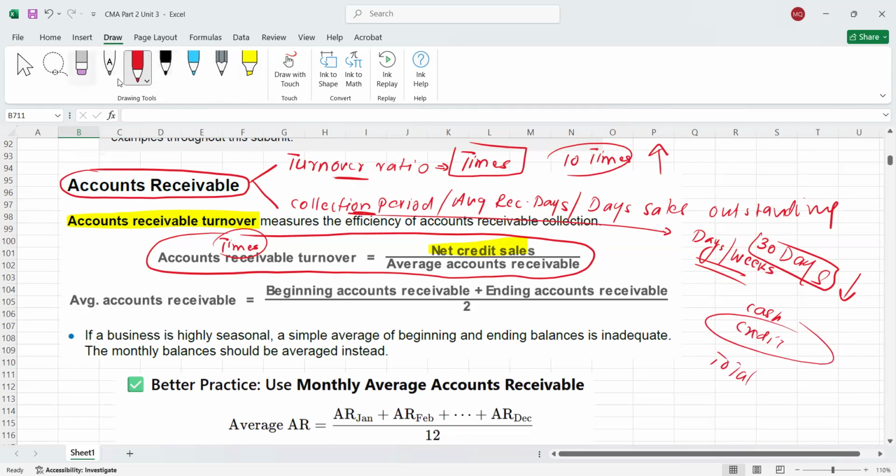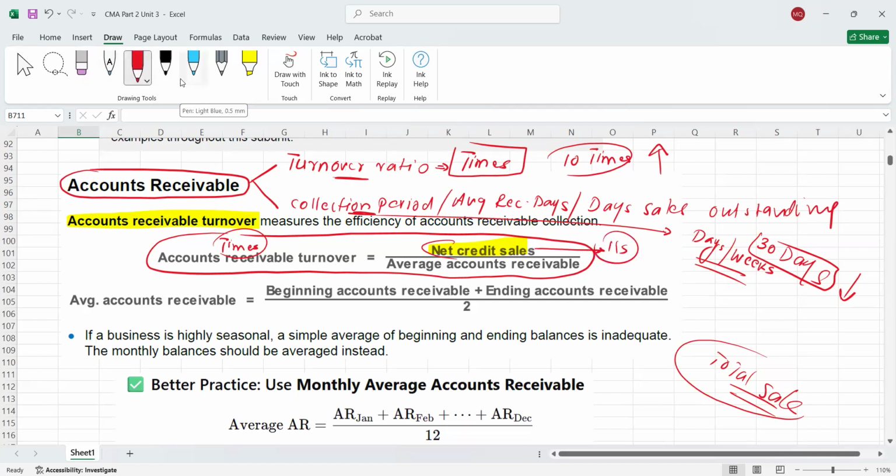But if he doesn't mention cash sales and just tells you total sales, then that total sales means net sales, after sales returns, so you should take that net sales. We get this net sales figure from the income statement. Net credit sales is the priority.